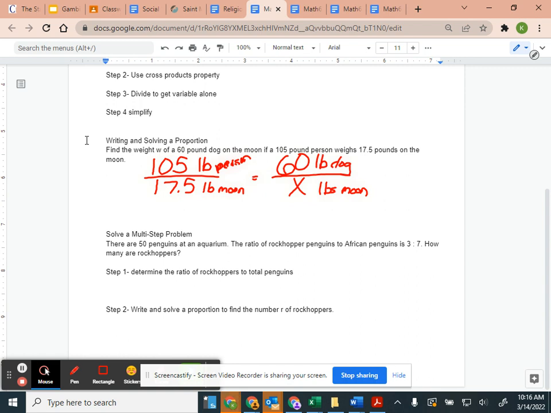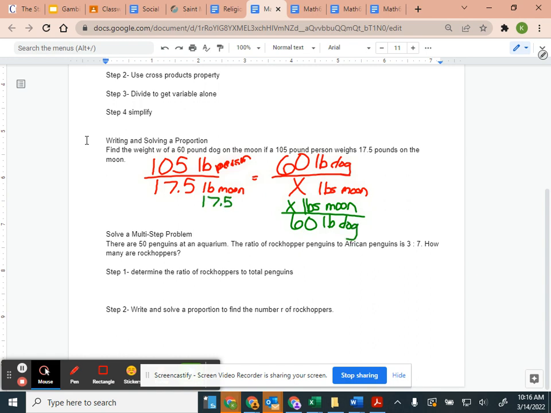So I'm going to tell you, this gives us the X on the bottom, which makes it a little bit more complicated to work with. So it would be easier if we flip it and we say X pounds on the moon, because we want that one on top over the 60-pound dog. But that means we have to flip this one.